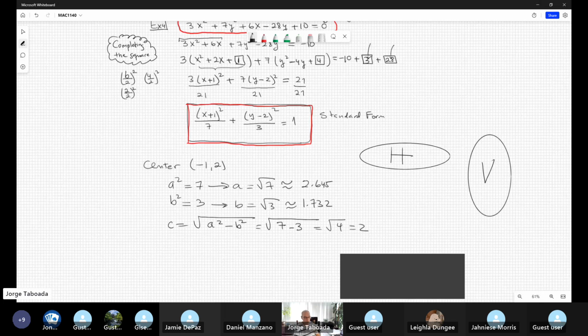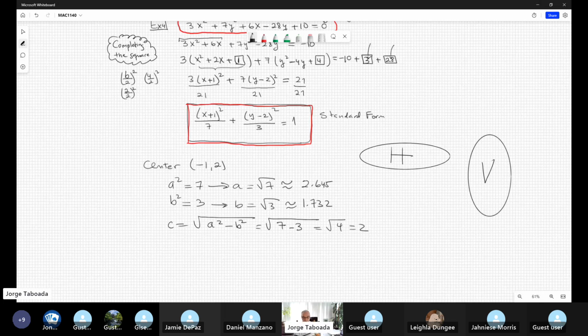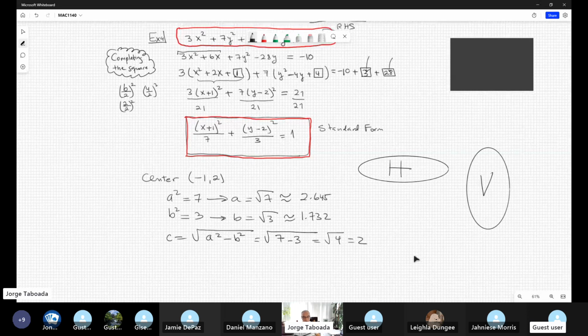Horizontal, absolutely. How do you know? What is the reason? The smaller number is associated with y. Exactly. The smaller number 3 is associated with y, and the bigger number 7 is associated with x. So it is something like that. When I finish, I will draw the graph like that, not like that.